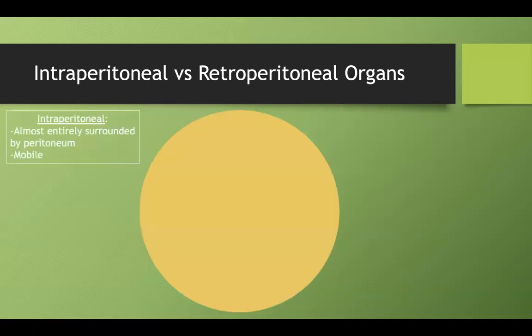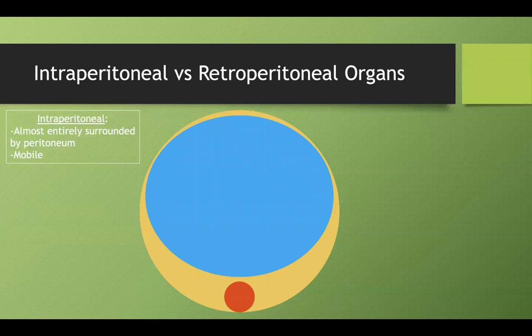If we have our abdominal cavity here, it contains the peritoneal cavity, and within that peritoneal cavity is only about 5 to 10 milliliters of fluid normally. So it's actually quite small, but our organs all start posterior to this peritoneal cavity. Now, intraperitoneal organs are able to migrate into that peritoneum, and they don't actually enter the peritoneal cavity.